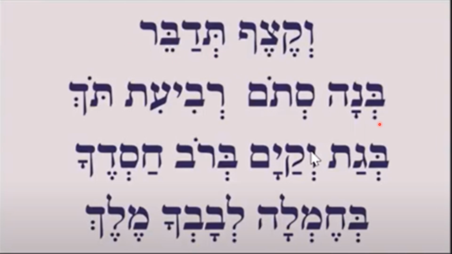Line 2 we have b'na, bana, s'tom, satom, revi'it, revi'it, and toch, toch. Okay, line 3. Begot, begot.